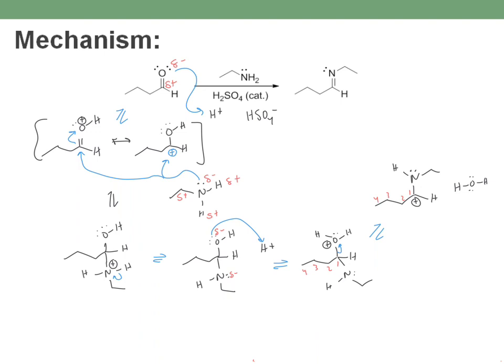Now, this nitrogen has a lone pair. We have a carbocation here. The carbocation is actually not that bad in terms of its energy because it's resonance stabilized. If you take a look at this, you can imagine this lone pair from the nitrogen dropping down to fill that previously unfilled octet.